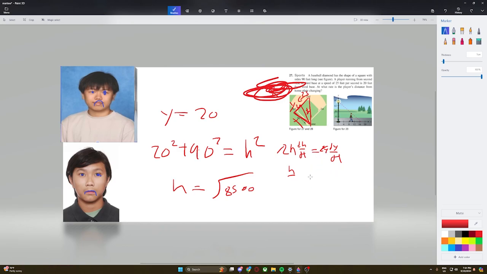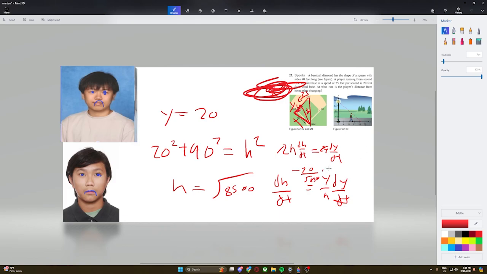So it should be dh over dt equals y over h times dy over dt. Just plug in your knowns, which is 20 over the square root of 8,500 times 25 feet per second. It's actually negative, by the way, because you're decreasing your distance as you're going in.